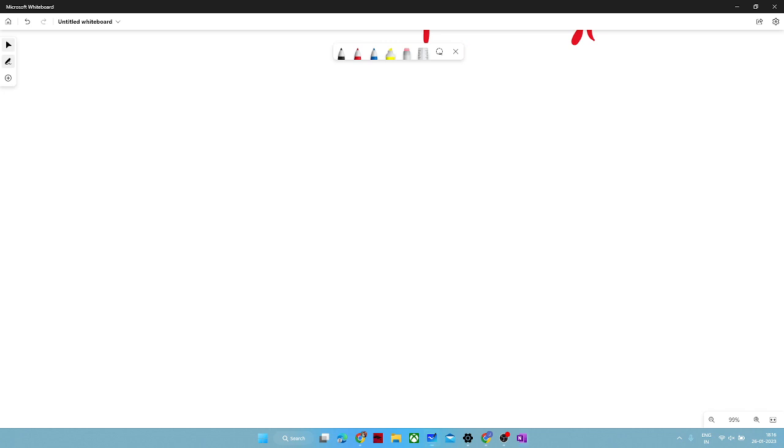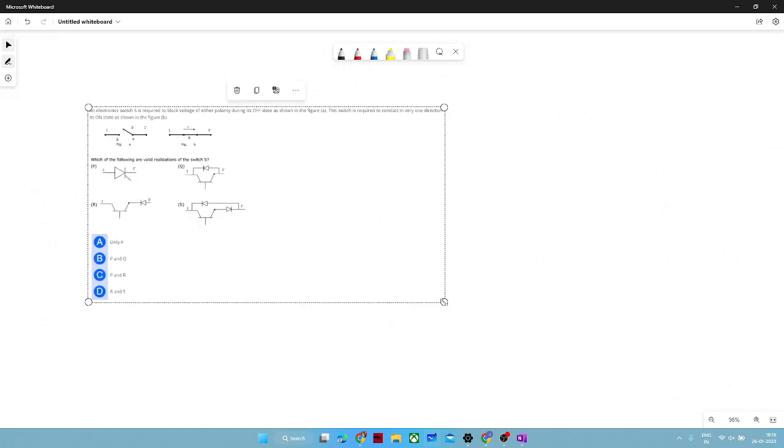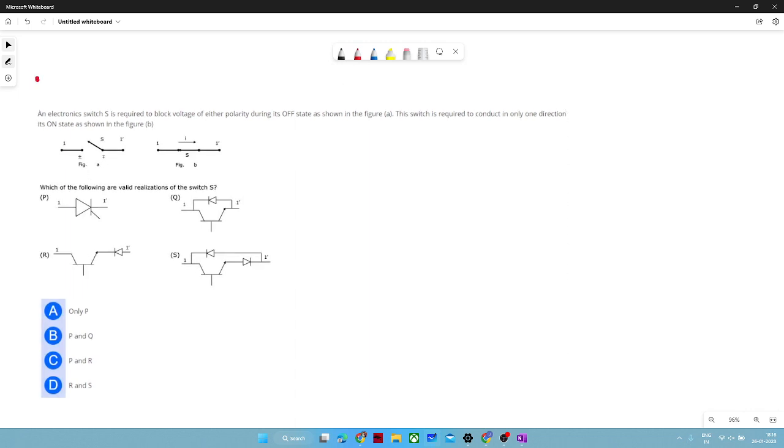Moving ahead with another switch realization problem, which was asked in the same year, 2005. This switch is required to block voltage of either polarity during its off state, as shown in the figure, right?